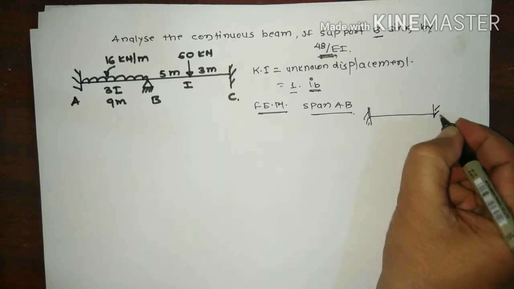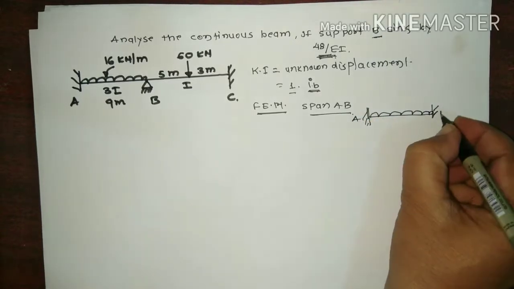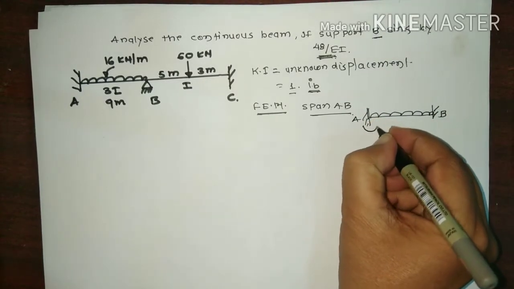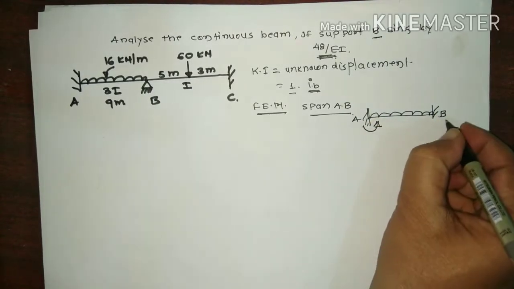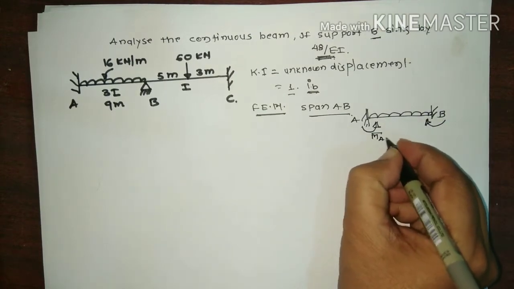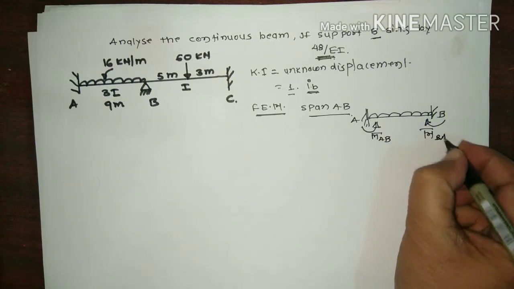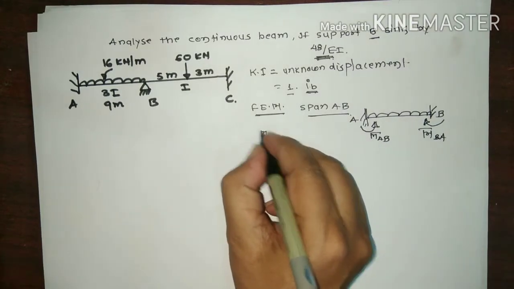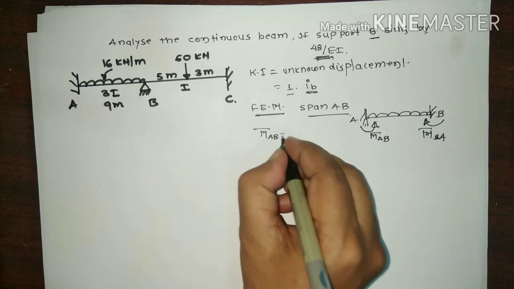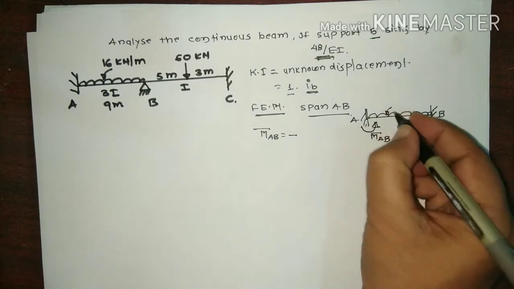Consider each span as a fixed beam, A and B. Here, as I have already seen in the fixed beam chapter, these moments develop like these. This is M bar AB and this is M bar BA.